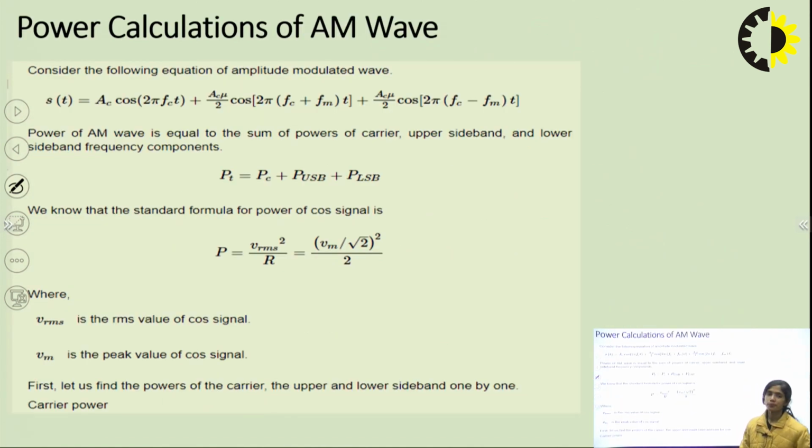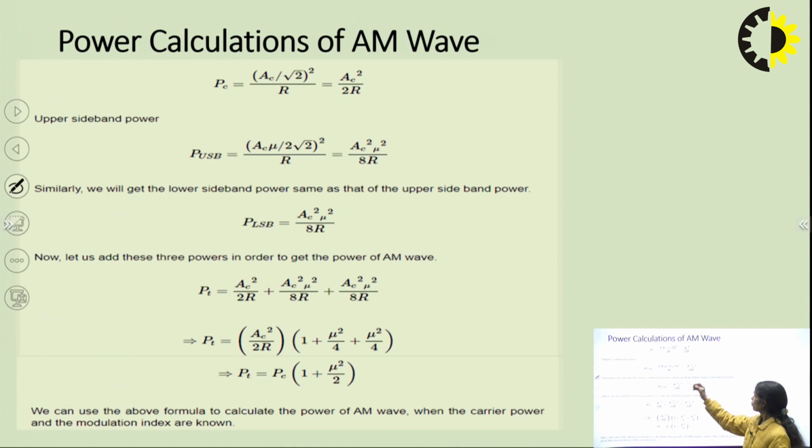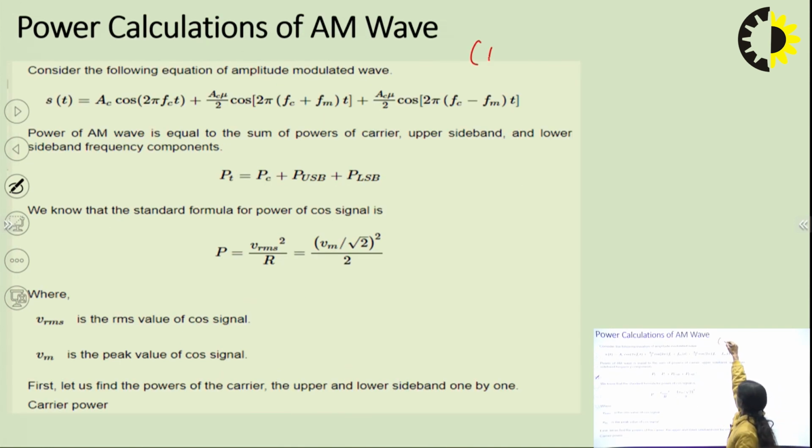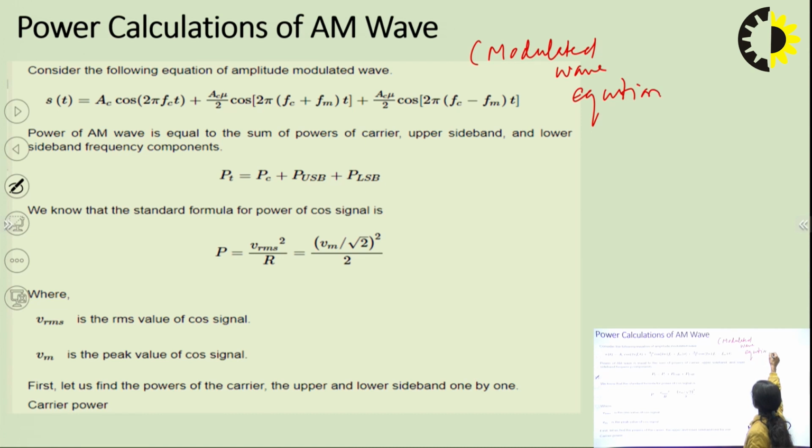Now next, we are going to cover some power calculations. This power calculation we can consider from the equation of the modulated wave. We have the modulated wave equation. In this we have 3 parts.